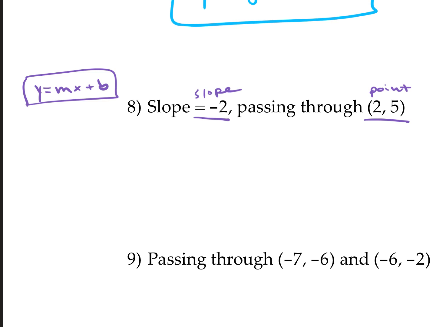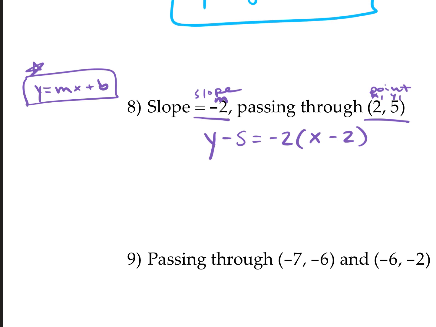So point slope form would be y, what would come next? Y minus 5 is equal to negative 2 times x minus 2. Awesome. We just plugged in our slope for m and our point for x1 and y1. Now this is point slope form. The question's asking for slope-intercept form, so it's asking for it to be in y equals mx plus b.